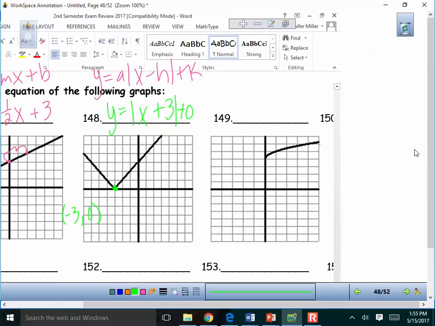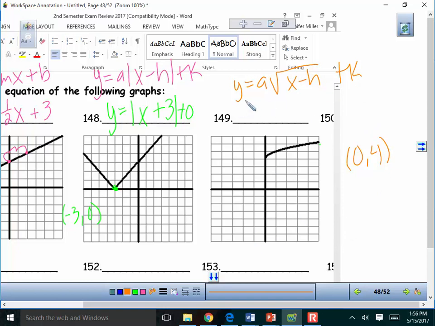All right, so square root graphs, guys, these are the same thing. It's just y is equal to a times the square root of x minus h plus k, okay? And what is our (h, k) here? 0, 4, right? 0 means we don't go left or right any. A 0 is what we plug in for h.